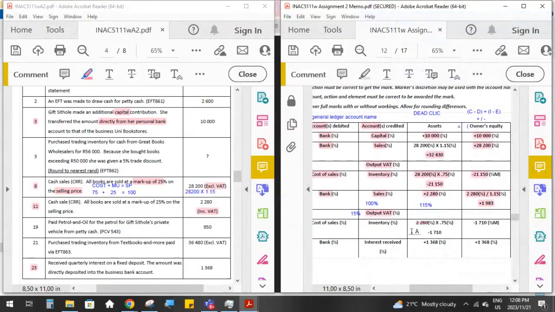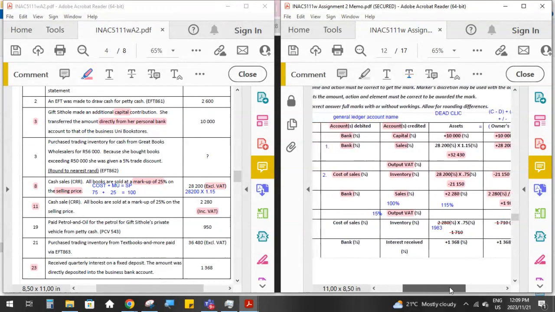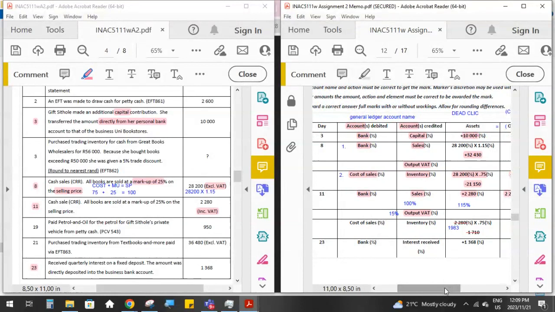The correct answer is 1983 times 75% equals whatever the answer is. I don't have it in front of me now. Okay. Cost of sales has to be worked out on the excluding VAT amount.